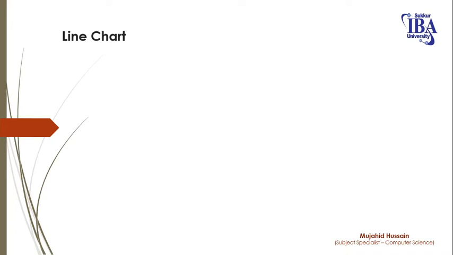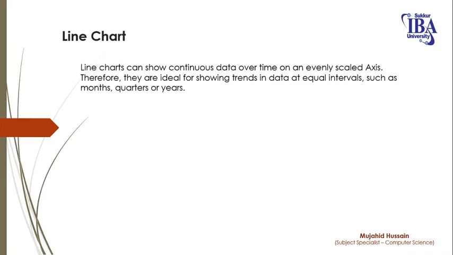After the column chart, another chart is the line chart. Line charts can show continuous data over time on an evenly scaled axis. They are ideal for showing trends in data at equivalent intervals such as months, quarters, and years. It means you have different data that will be shown continuously over time, like monthly, weekly, yearly, or quarterly.